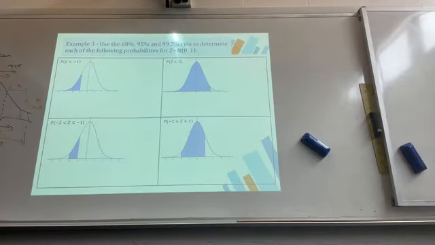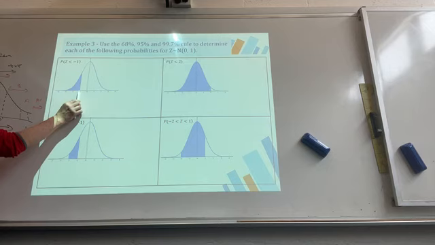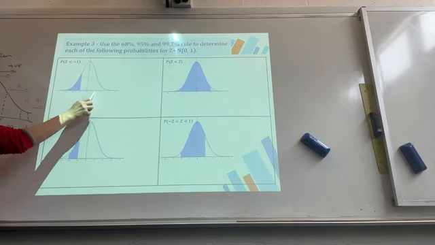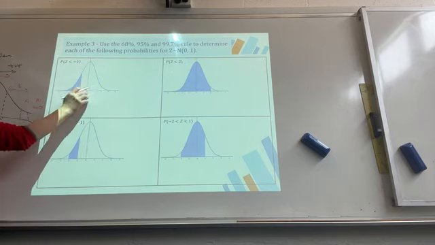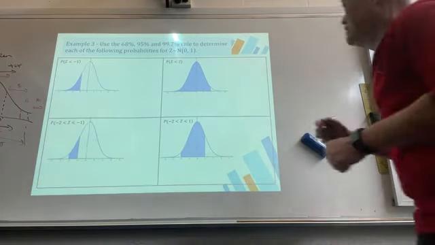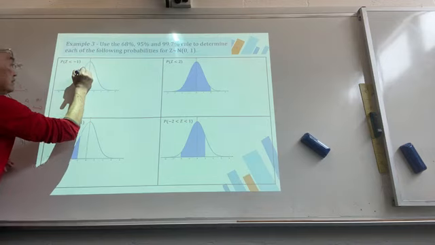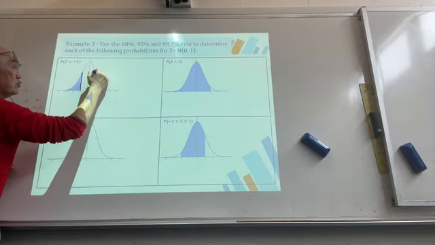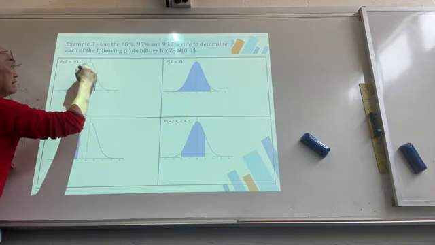You're not going to integrate because you're using the 68%, 95%, and 99.7% rule. Between minus 1 and 1 that would be 68%. Usually 50, take 34.